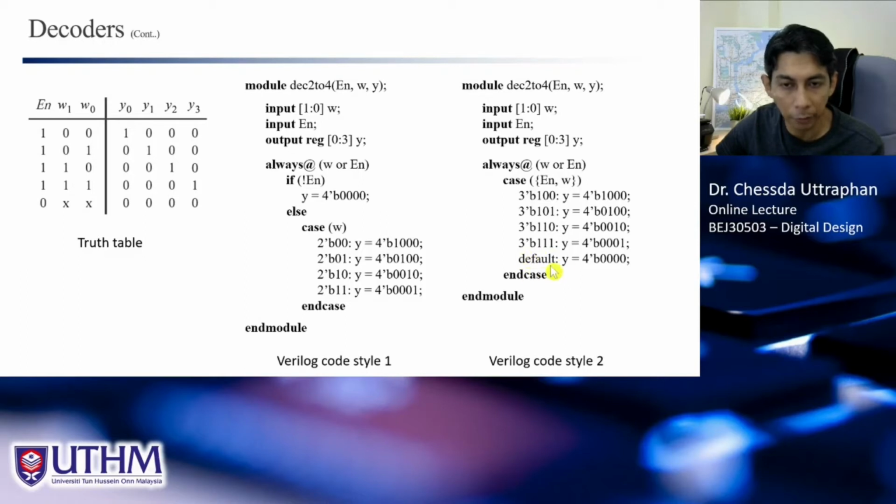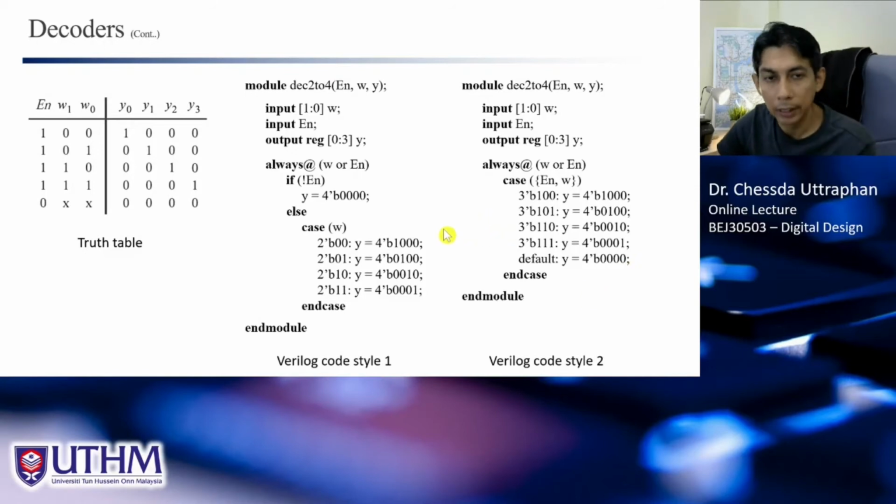Default means other than the ones that we described here. In this case, other than these cases, we can use default. Y should be equal to 0 0 0 0, and this will generate the same circuit for us.